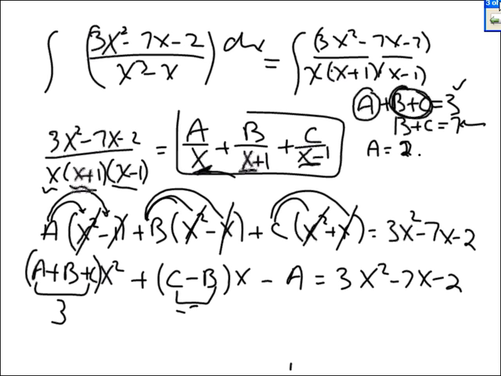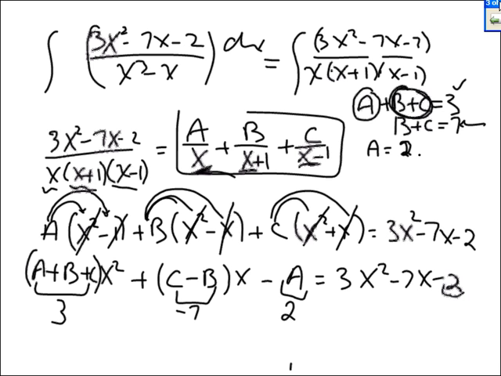This number must be negative 7. Now we had b plus c. It should have been b minus c. And this number after the minus is 2. Okay, a plus b plus c is 3.